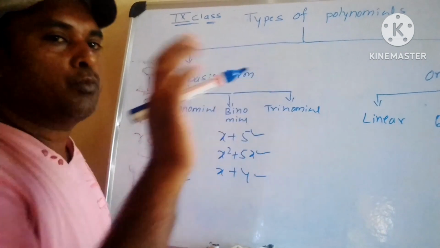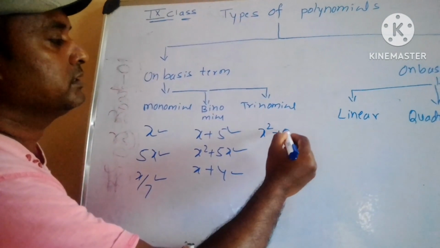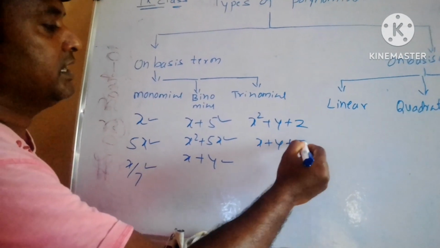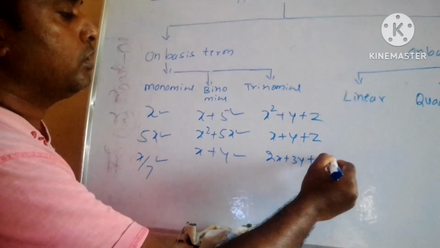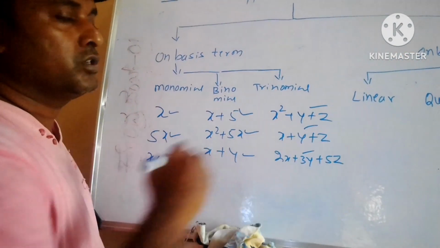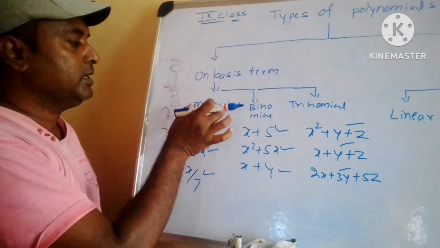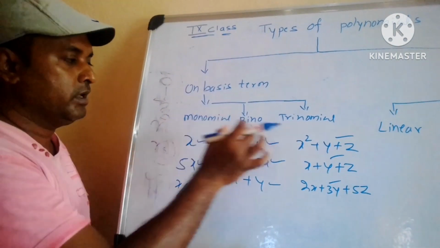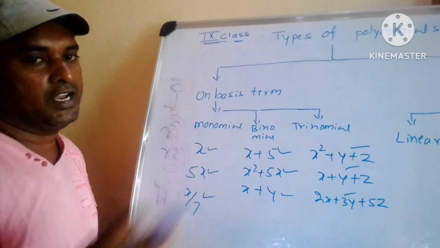A trinomial is a polynomial where the terms are three: x square plus y plus z, x plus y plus z, 2x plus 3y plus 5z. All these are trinomials. Understood? So this classification on the basis of terms: if one term is there, monomial; if two terms, binomial; if three terms, trinomial.